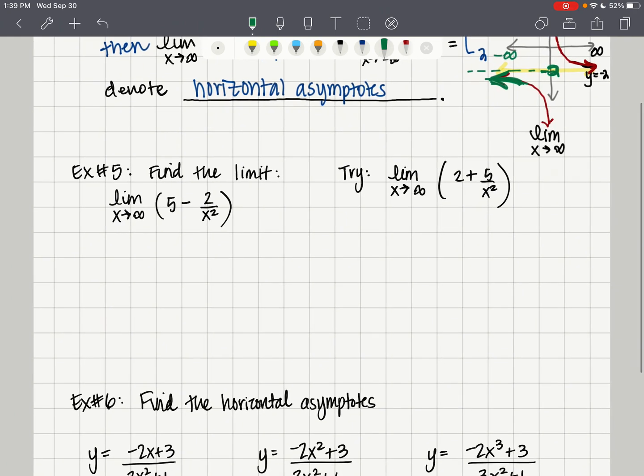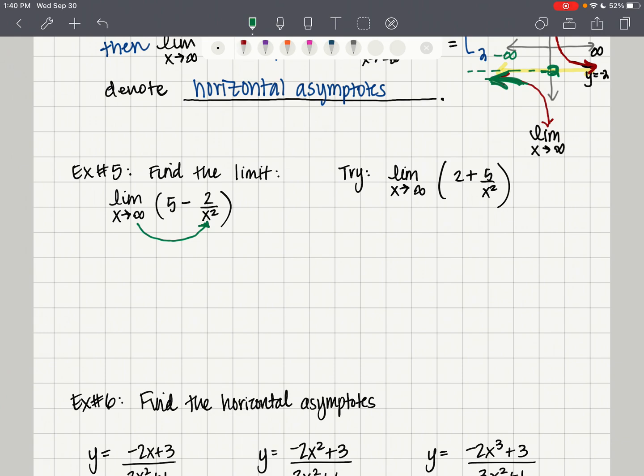Let's find the limit as x approaches infinity of 5 minus 2 over x squared and see what's happening and how we do this without having to necessarily graph. So I've got 5 minus 2 over x squared. Infinity isn't a number that you can just put in for x. There's no such thing as infinity squared or anything like that.